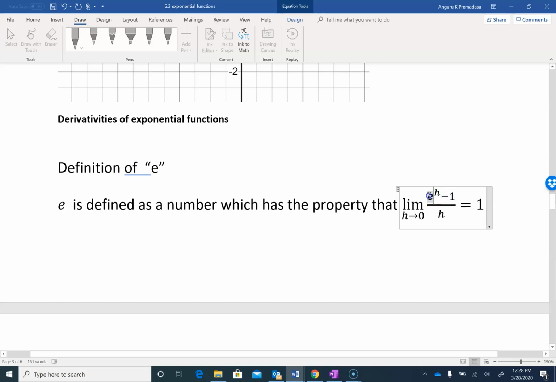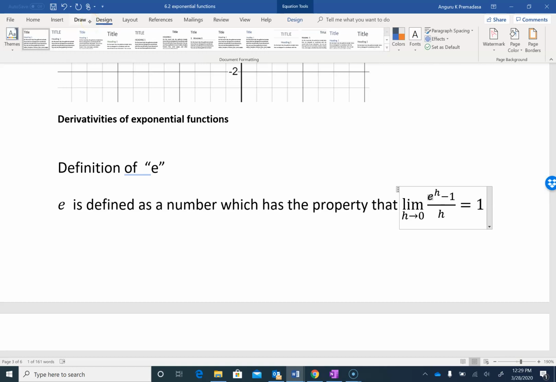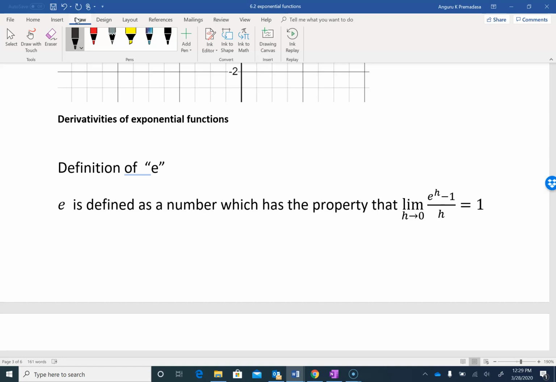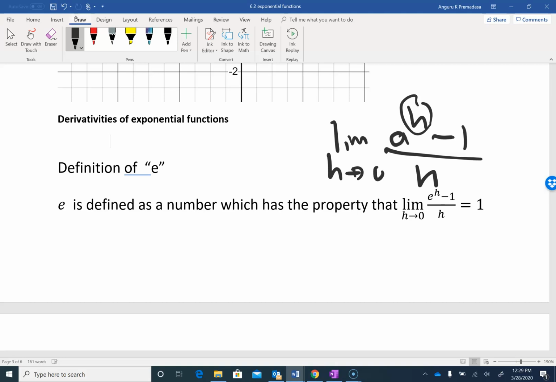So for example, if you look at this quotient, a to the h minus 1 over h, the limit as h tends to 0, h is your variable really, right?